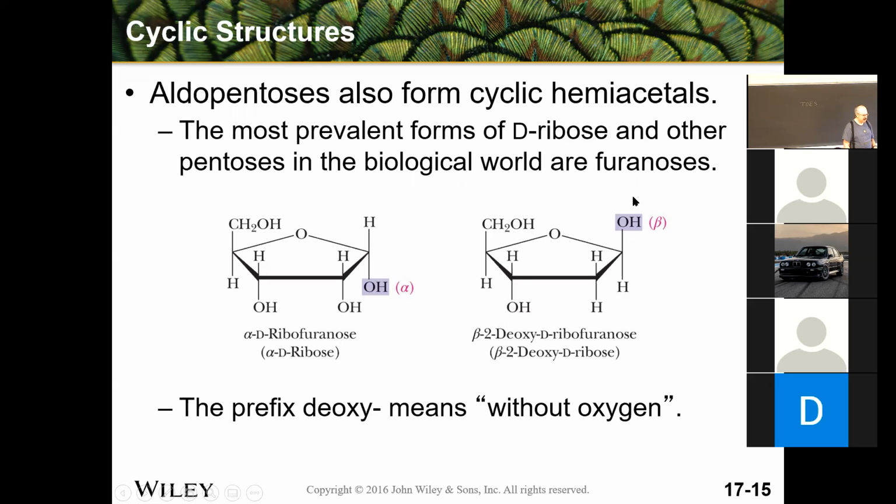And then this is the beta isomer. The most prevalent forms of D-ribose and other pentoses in the biological world are furanoses. Deoxy means without oxygen, so this one is 2-deoxy-D-ribofuranose. Notice the OH is missing.